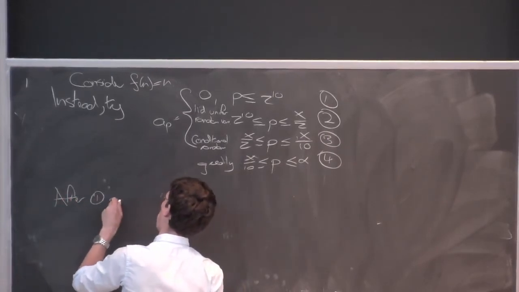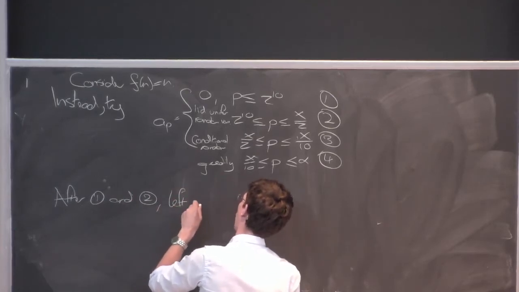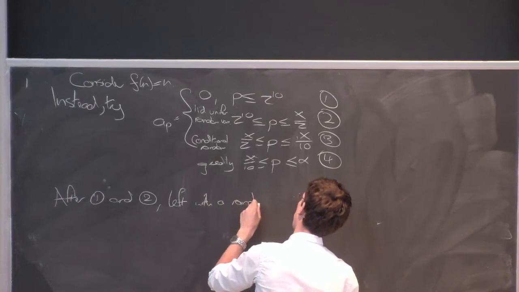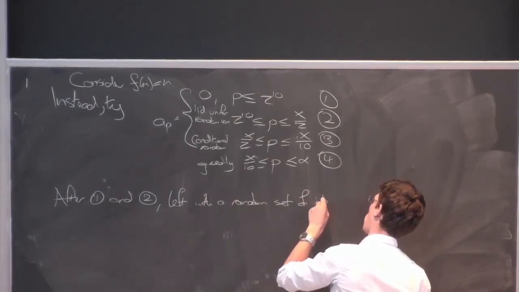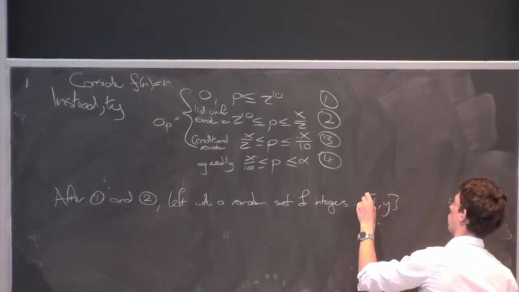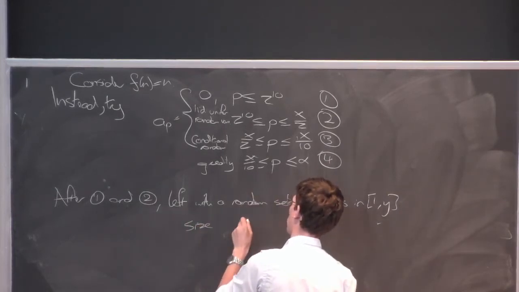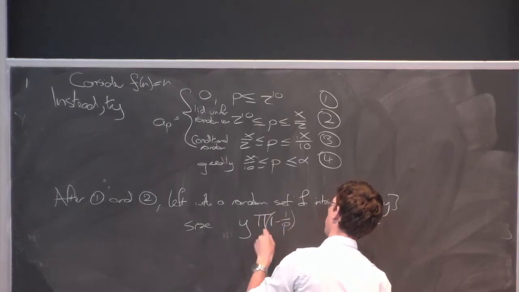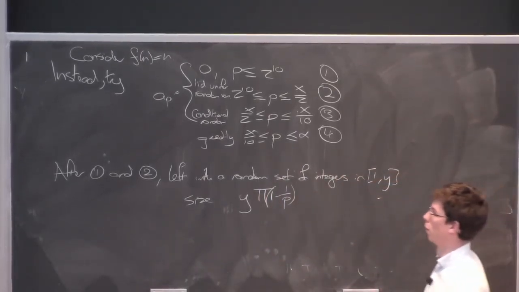after 1 and 2, I'm left with a random set of integers, and the size of this set, well, you might guess that each prime should behave independently. Each one would reduce on average maybe a proportion 1 over p.